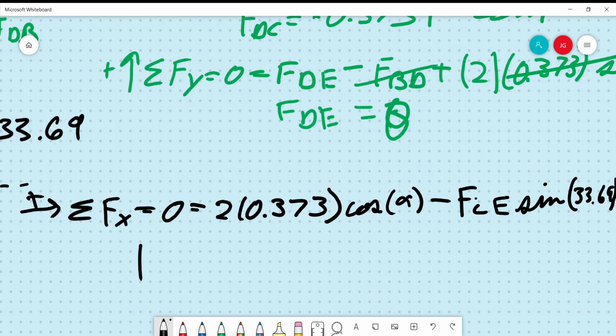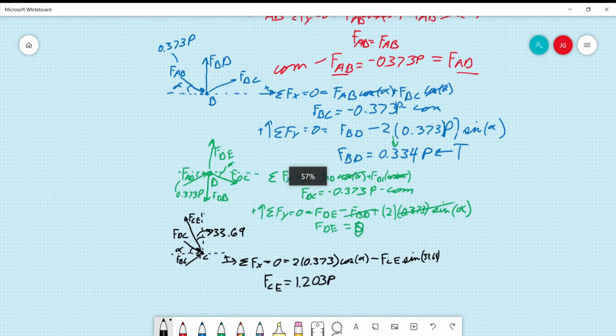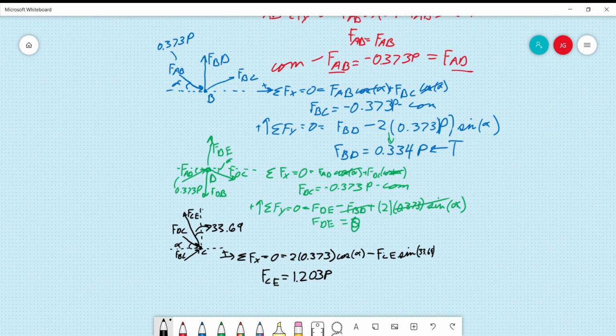And when you solve for this, you're going to get FCE equal 1.203P. So basically, if you look at all your solves, you really only have 3 different values, and this one's in tension.